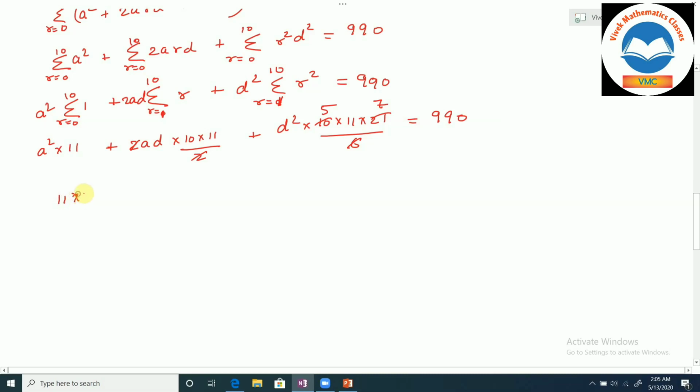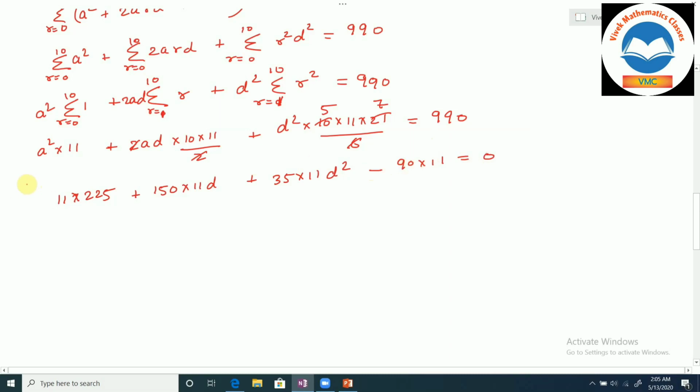A square value is what? 15 square, 225, plus here 10 into 15 will be 150, 150 into 11d, plus 35 into 11 d square, and if you bring this 990 to this side, minus this 990, what can we write? 90 into 11 will be 0.